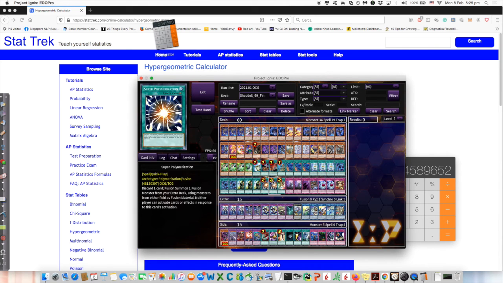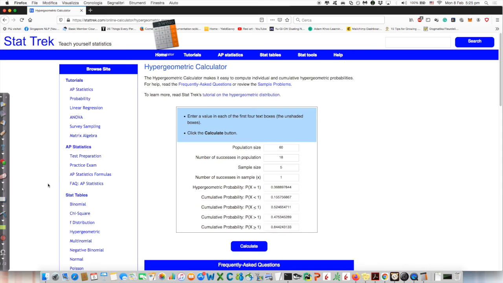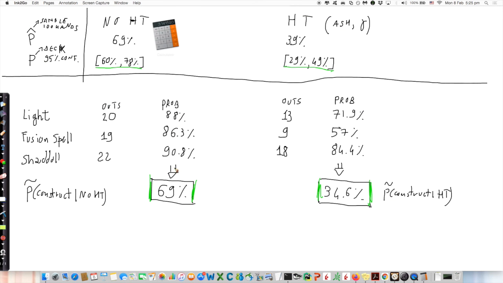Then we did the same calculation with the consideration that the opponent may stop us with hash or gamma. Then we counted the outs. We converted the outs into probability using this guy here. And then we multiplied the probabilities to get a number. And this is the number that we will be using in the next video.